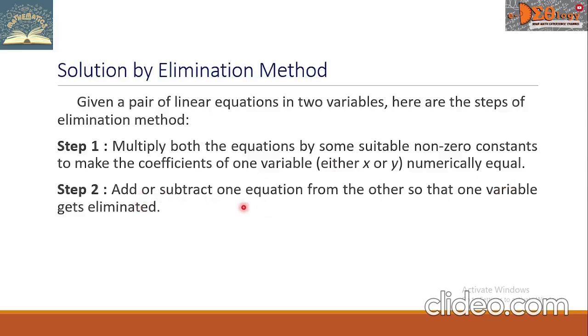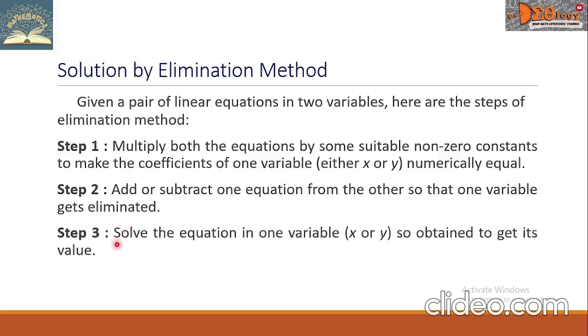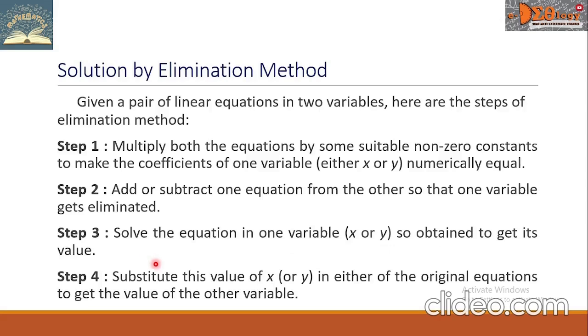Add or subtract one equation from the other so that one variable gets eliminated. Step 3. Solve the equation in one variable, x or y, so obtained, to get its value. Step 4. Substitute this value of x or y in either of the original equations to get the value of the other variable.